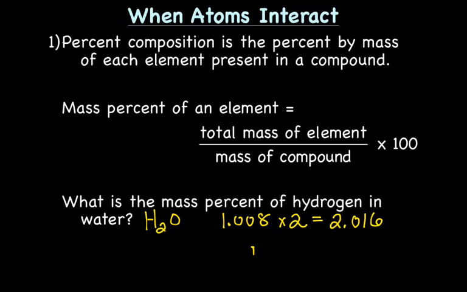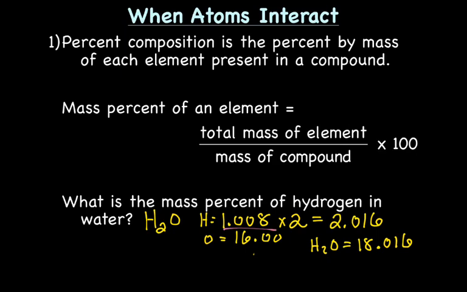And the mass of oxygen is 16.00, and there's 1 of them. So the total mass of H2O is 18.016.